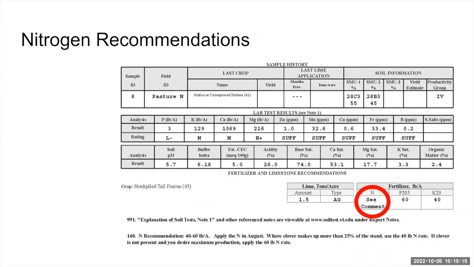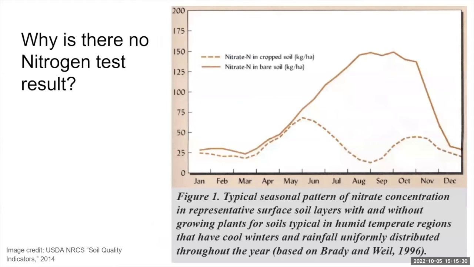And then we have our nitrogen recommendation right here. If you have a pasture of some sort, the nitrogen recommendation might be this little comment down here: it depends on the percentage of legumes in the stand. Now you may be wondering, there's no nitrogen test result on my soil sample results. Why is that? That's because nitrogen tends to be really mobile in soil, just based on its chemistry.